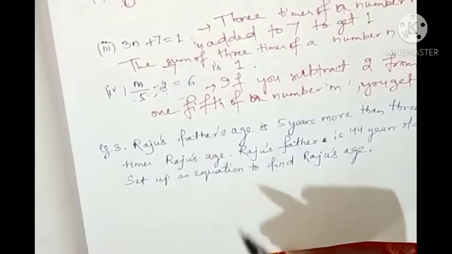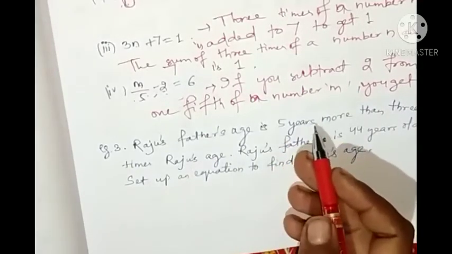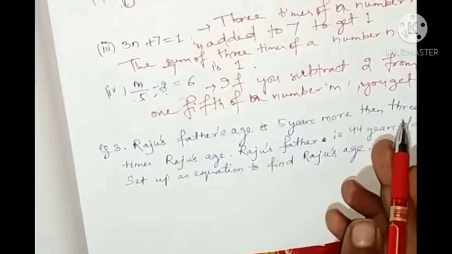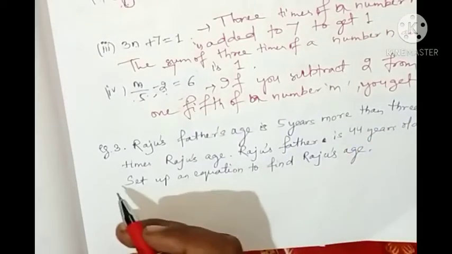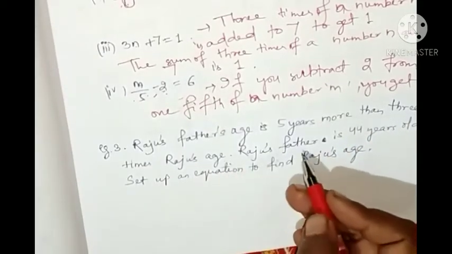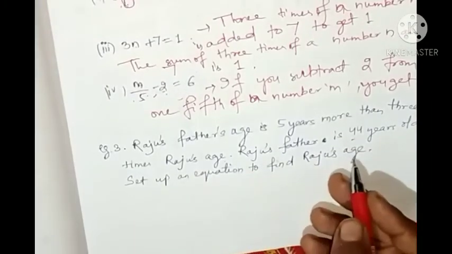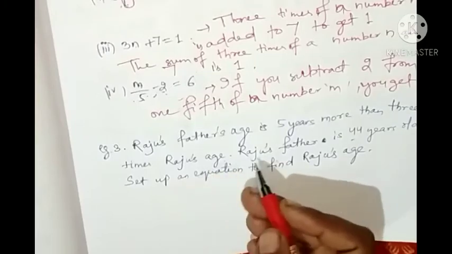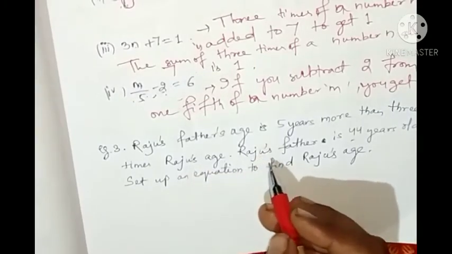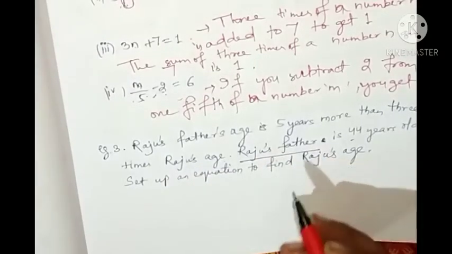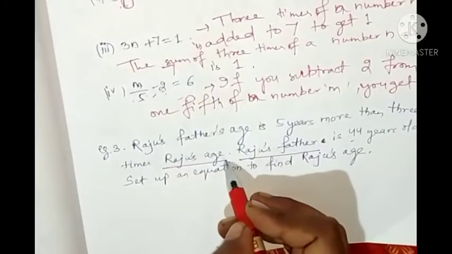Next, Raju's father's age is 5 years more than 3 times Raju's age. Raju's father is 44 years old. Set up an equation to find Raju's age. So look at here, whose age is given? Raju's father's age is given. Whose age is not given? Raju's age is not given.